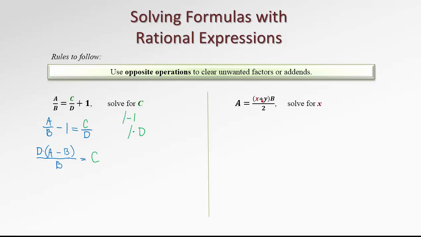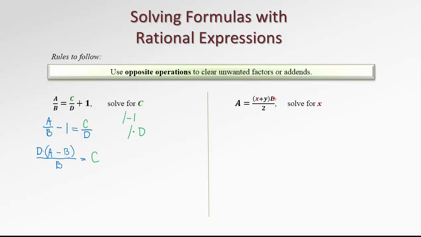A equals x plus y times b over 2. We're solving for this x. So again, we want to undo operations. What kind of operations was x subjected to? Well, first we added y, then we multiplied by b, and then we divided by 2. So to undo those operations, we need to undo this division and this multiplication.